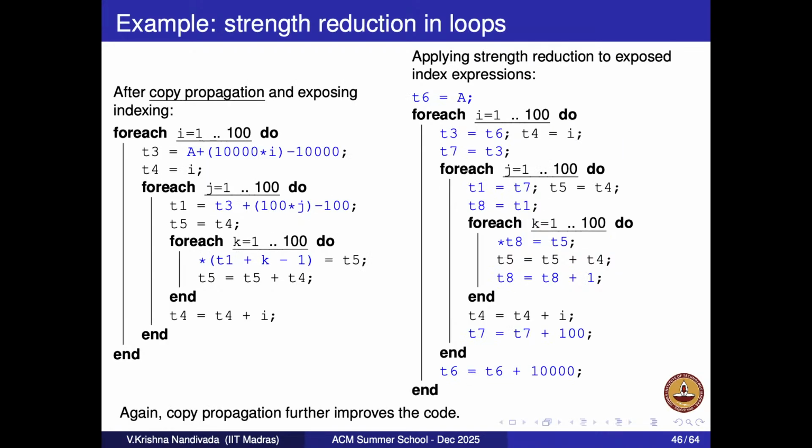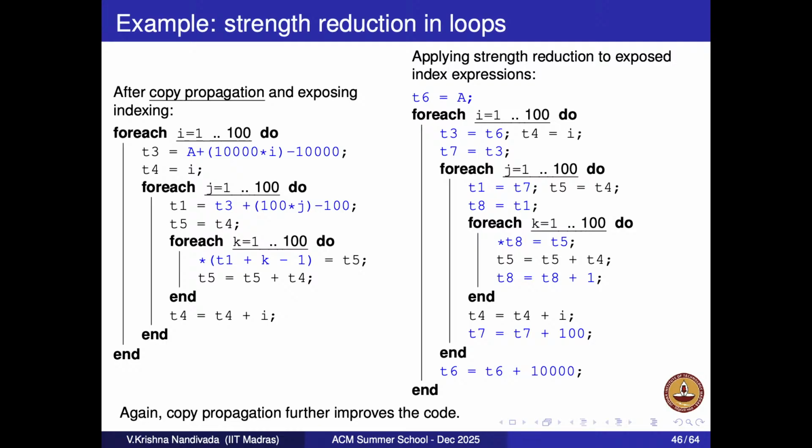From this step, what I can do, hey, I'm going to the first element. So I'll do something like this. I'll have a temporary T8 equal to T1, and then just write star T8 equal to this, and then increment T8 by how much? 1.